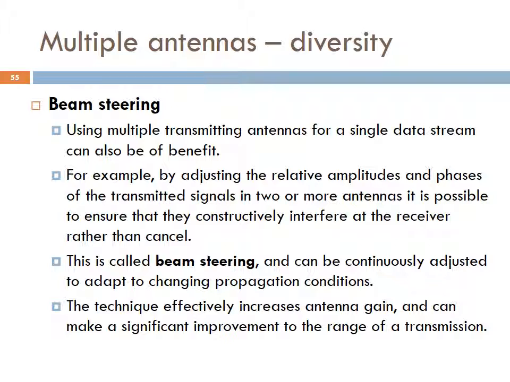For example, by adjusting the relative amplitude and phases of the transmitted signals in two or more transmitter antennas, it is possible to ensure that they constructively interfere at the receiver rather than cancel. This is called beam steering and can be continuously adjusted to adapt to changing propagation conditions. The technique effectively increases antenna gain and can make a significant improvement to the range of transmission.